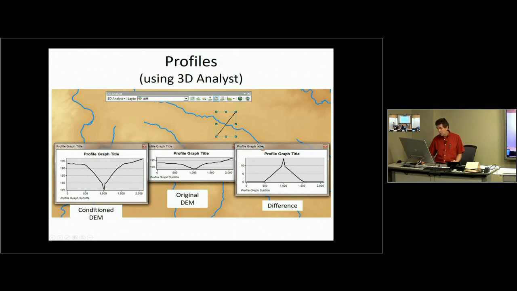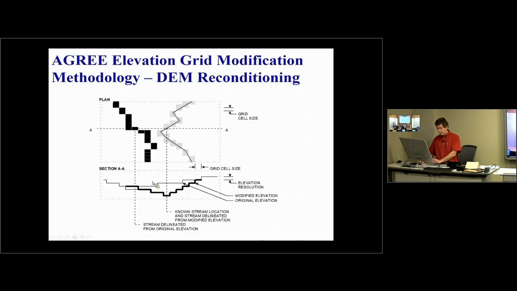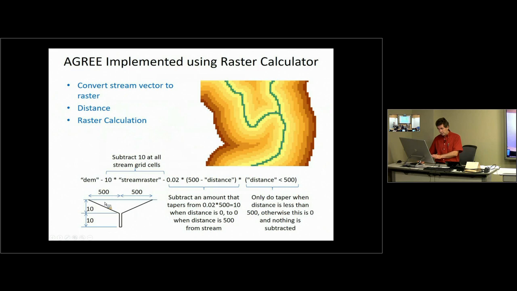If you do it on that same line after you've applied the conditioned digital elevation model, you get the taper with that little spike at the middle. This is the practical realization on the terrain of applying the idea we had in the theoretical diagram.